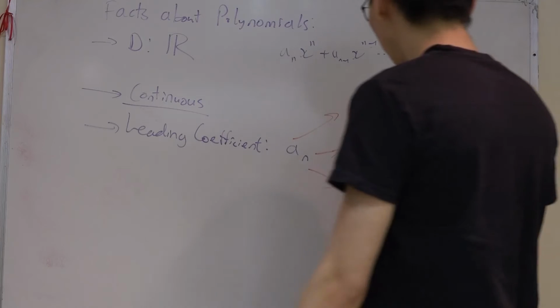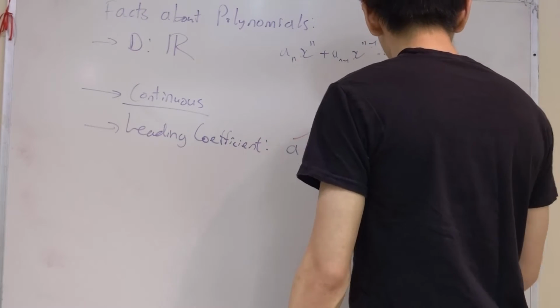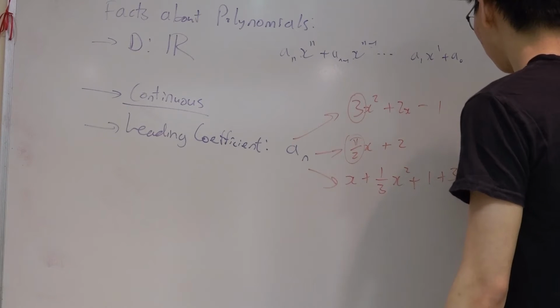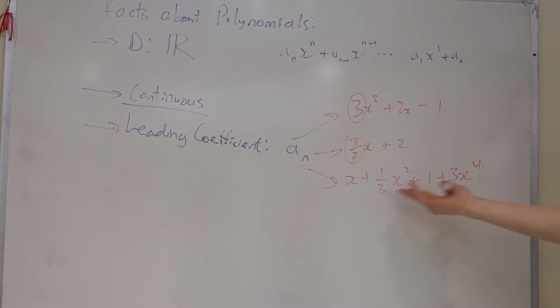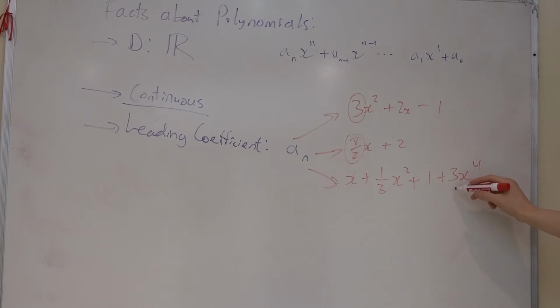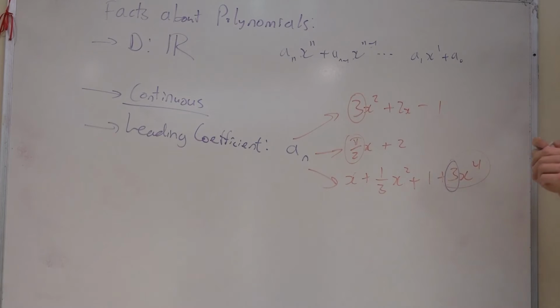And final example, in a further attempt to confuse you, I'm going to write it in a scrambled order. Okay? What is the leading coefficient here? Think about it. Yeah, it's not 1. You have to look at the highest power, 3x^4, and look at the coefficient in front of it. In this case, 3. So the leading coefficient is 3.